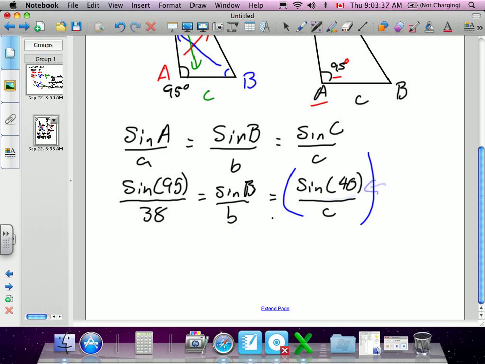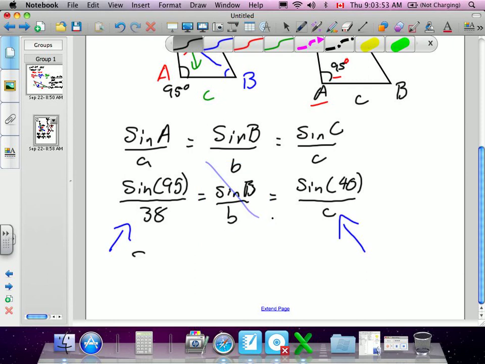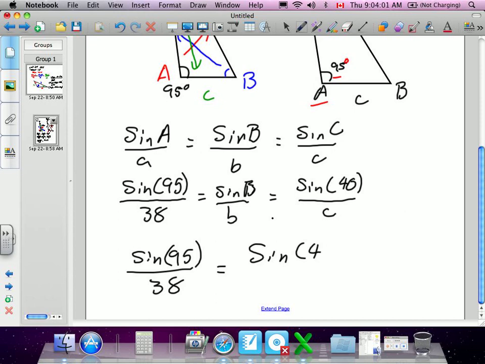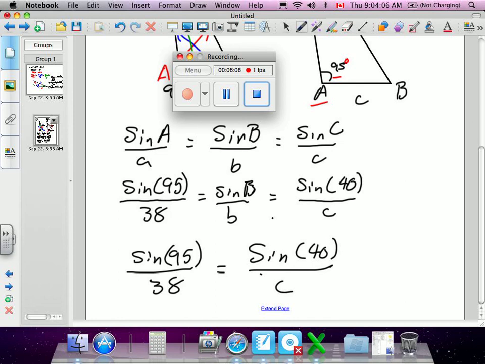I don't have any information on sine B, so I'm going to take that out and set this one equal to this one. So I now have sine 95 over 38 is equal to sine 40 divided by side C.